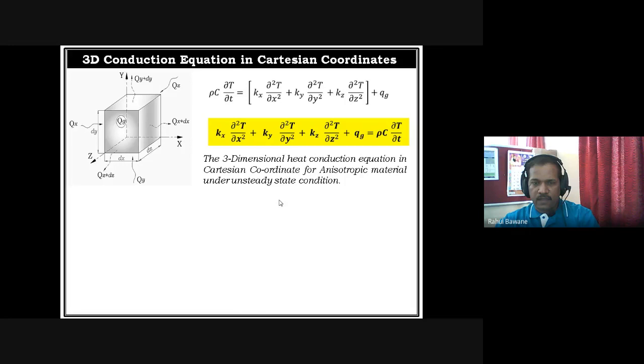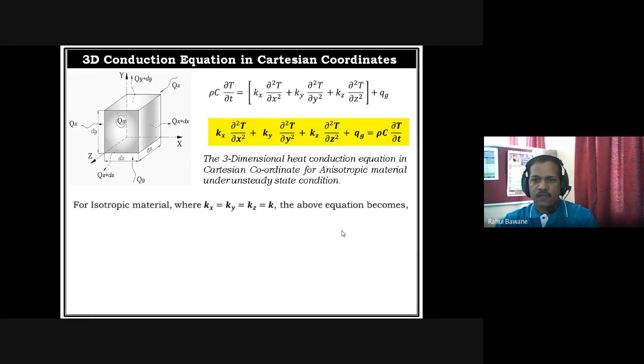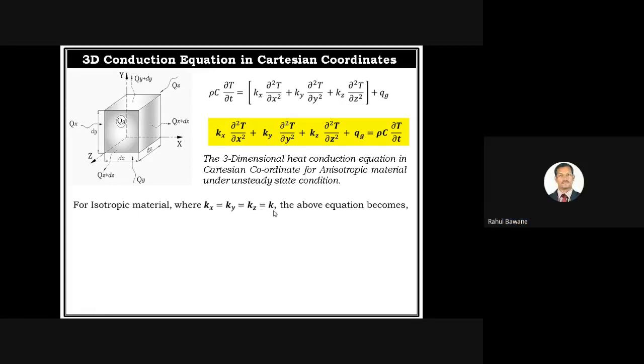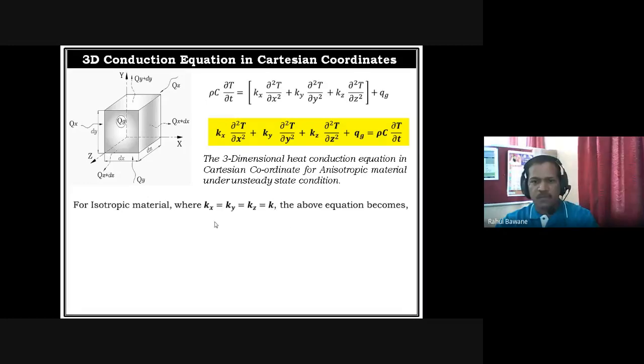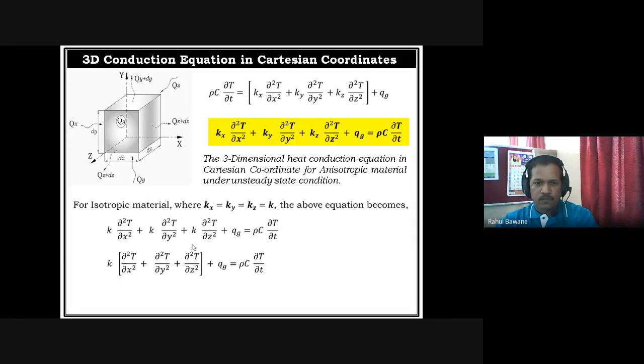Now suppose we have a material which is isotropic in nature. Isotropic means it has the same thermal conductivity value in all directions. So in that case, if Kx is equal to Ky is equal to Kz, and suppose it is denoted by K, so in all directions thermal conductivity is the same, so this equation becomes K, K, K. So we can take out this K. So K into this bracket plus Qg equals rho C del T by del of time.